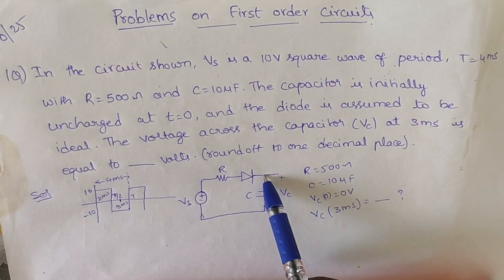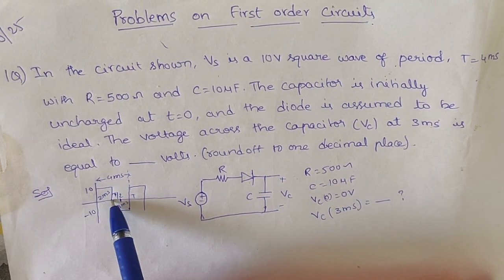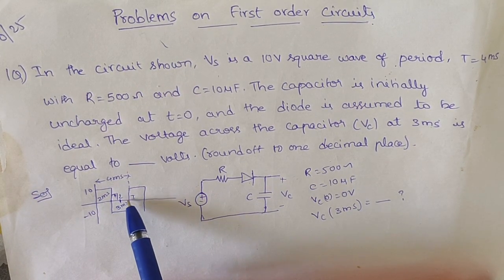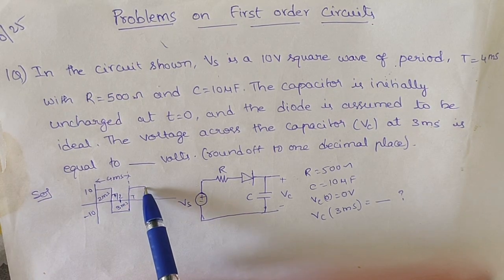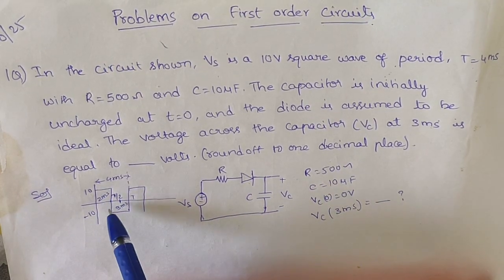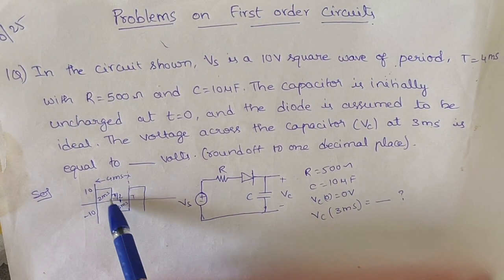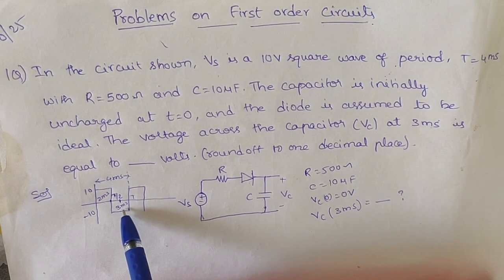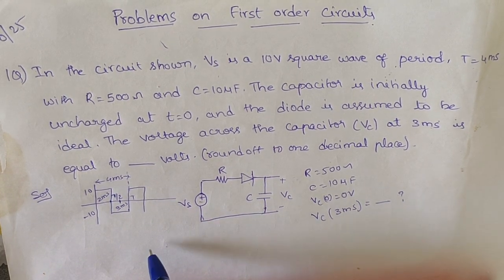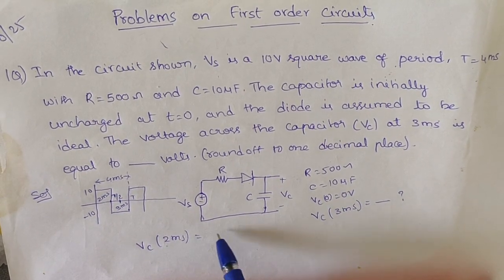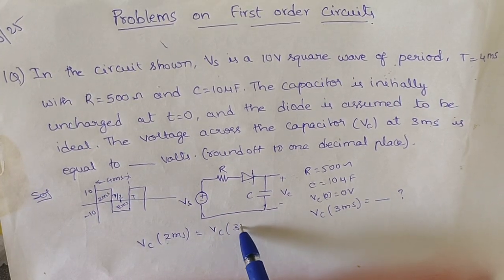Whatever the charge up to T by 2, that charge will remain up to T, and again it will be charging after T. So the voltage at 2 milliseconds is equal to the capacitor voltage at 3 milliseconds.